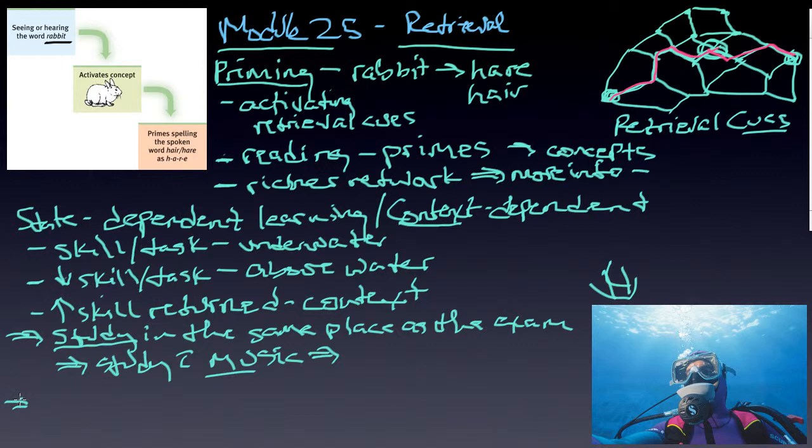Another one is mood congruent learning, which is a form of state-dependent learning or state-dependent memory. Essentially, as I mentioned earlier in another video, our moods have a direct impact on how we remember.